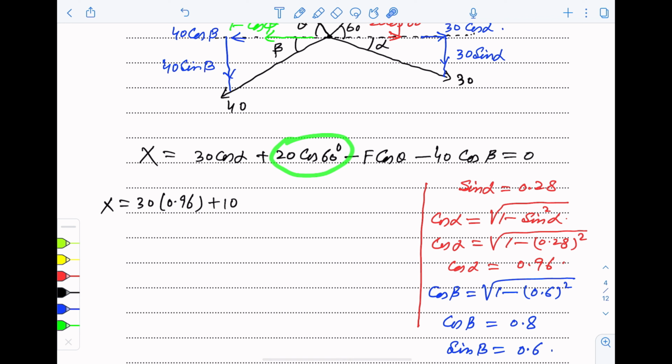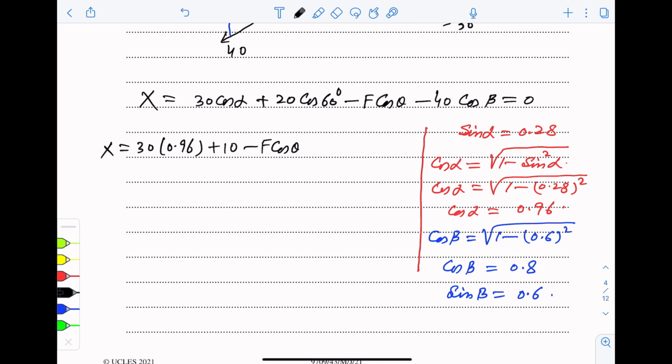Calculating this, we get 10, minus F cos theta minus 40 cos beta. You can see the value of cos beta is 0.8, so 40 into 0.8, this is equal to 0 because in equilibrium the sum of forces in x direction is 0. So further simplifying we get 6.8 minus F cos theta is equal to 0. Let this be equation number 1.